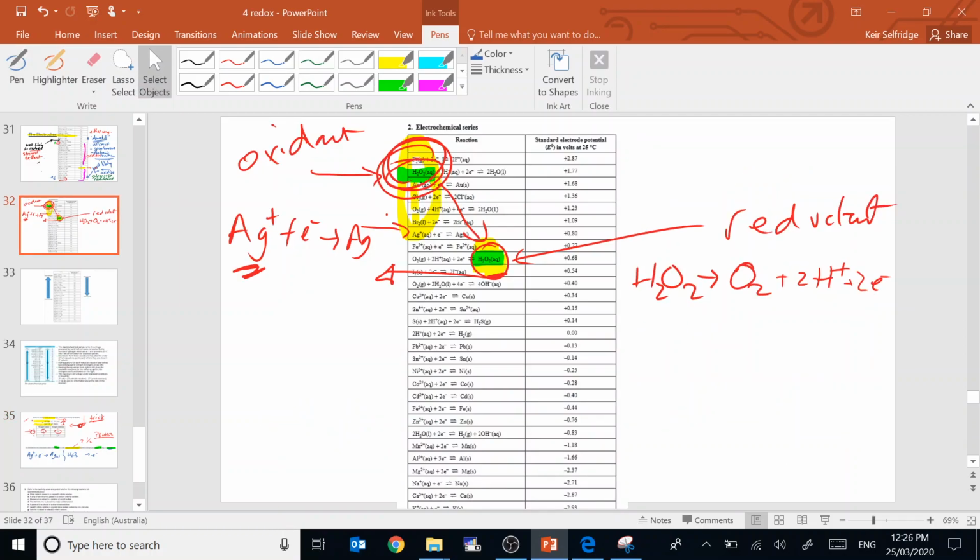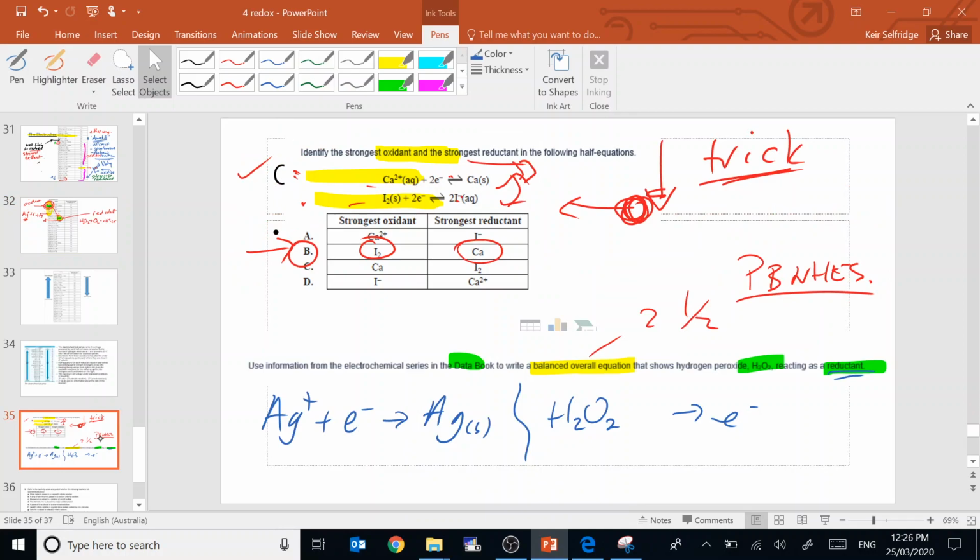So the equation we picked out before was this one here. Let's see if we can try and remember it. O2, 2H plus. So it's going to turn into that. I should probably rub it out a bit. Give me some more space. So this is going to be O2 plus 2H plus 2 electrons.